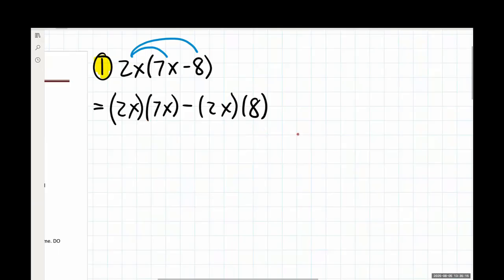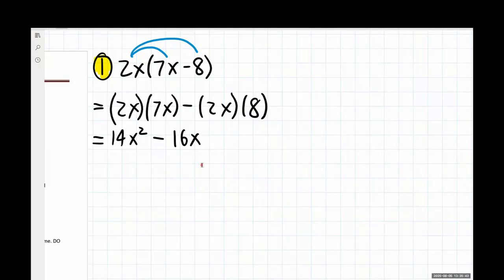I can multiply those together. That's going to give me 14x squared minus, then I have 2x times 8. The 2 and the 8 multiply, and that's going to give me 16x. I then always look to see, can I combine any like terms here? I have two terms with x's in them, but if we remember back to 6.1, we have two requirements for like terms.